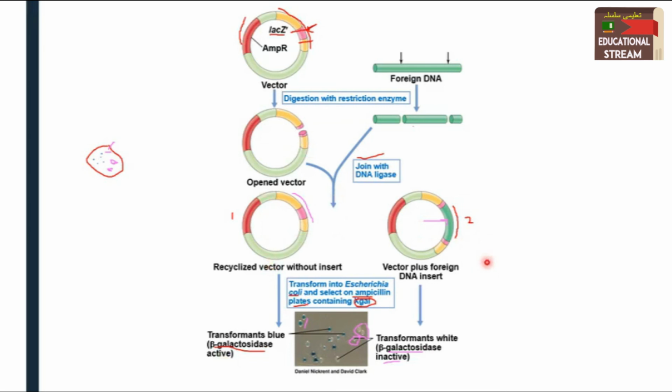So for that purpose we have used the LAC-Z selection process, in which we have introduced X-gal, which is a substrate of the LAC-Z or the beta galactosidase enzyme. When it metabolizes it, it will convert it into a blue colored product. So blue colonies will appear, and if white colonies appear, those white colonies show that the foreign DNA fragment has been incorporated into it.